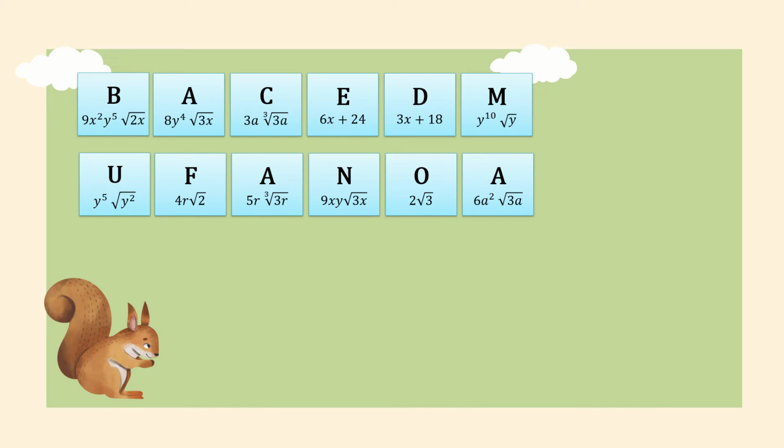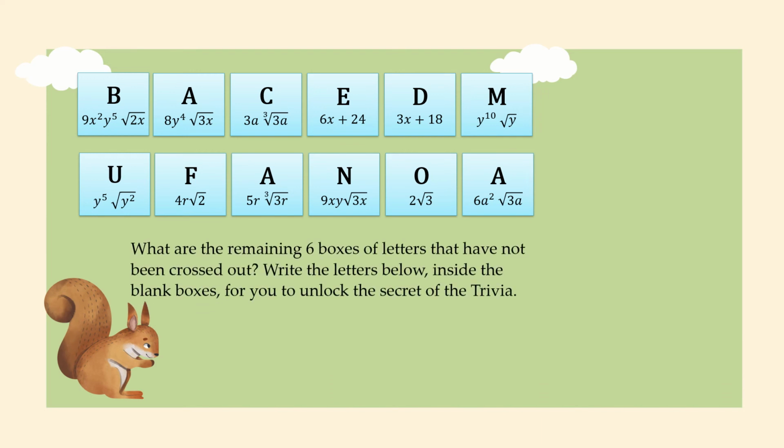The remaining 6 will lead us to our answer to the trivia for this lesson number 1. So going back to the 6 items a while ago, we will solve them one by one to determine the answer of this trivia. What are the remaining 6 boxes of letters that have not been crossed out? Write the letters below inside the blank boxes for you to unlock the secret of the trivia.